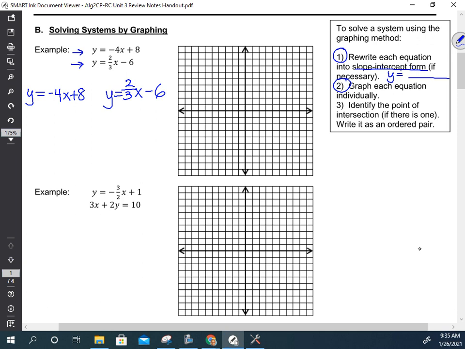First equation, y equals negative 4x plus 8. So your slope is negative 4 over 1, and your y-intercept is 8. Go to your y-axis, put your point on 8.